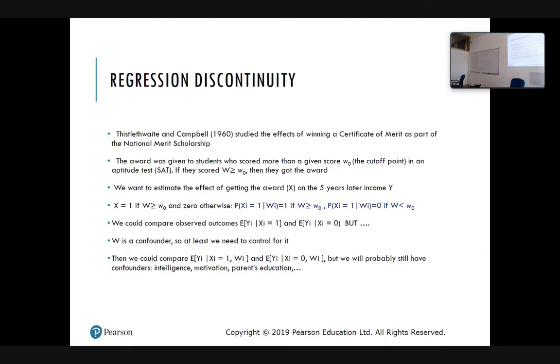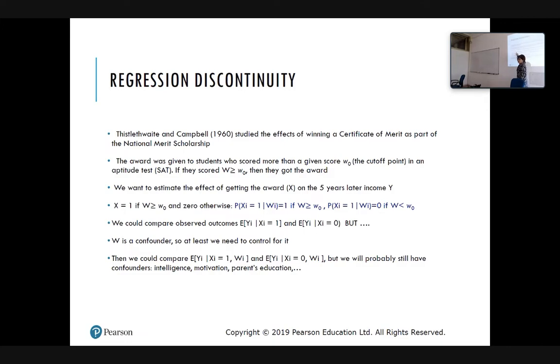So we want to estimate whether this award pays, in terms of the 5 years later income of these individuals. Basically the treatment, the award, is given. This is another way to write this condition.